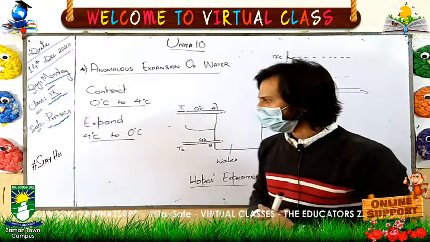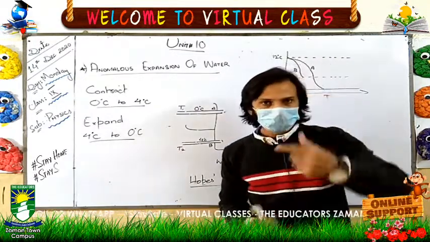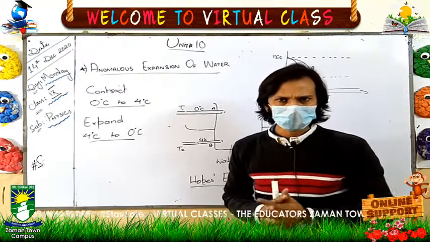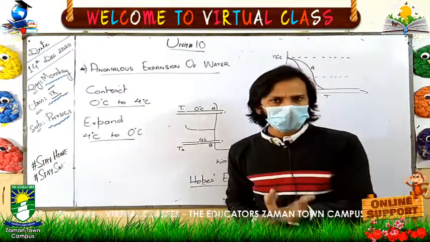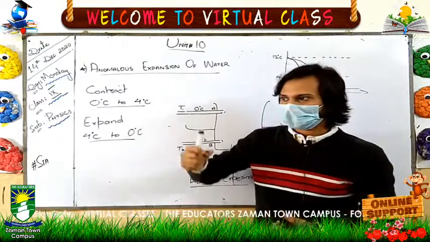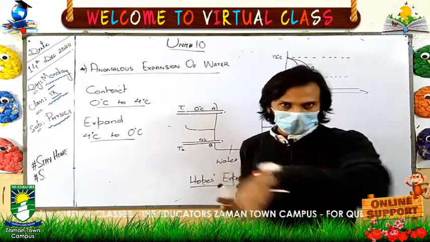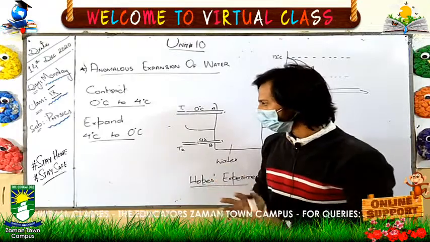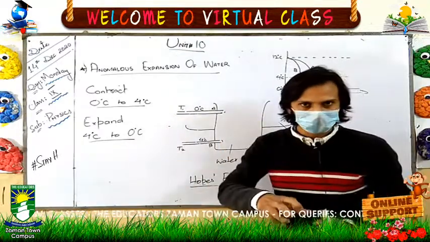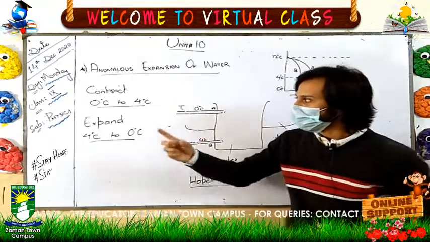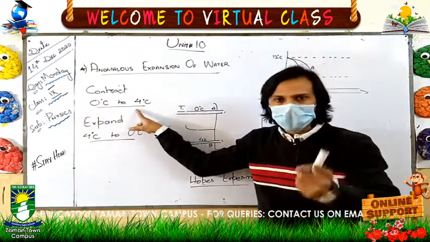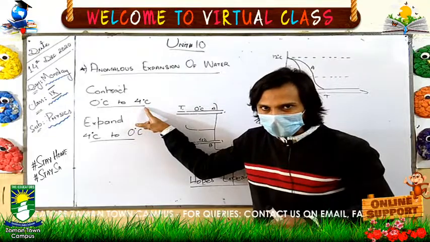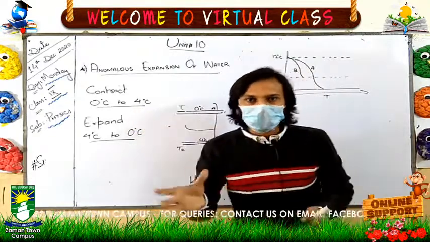Some more examples: in the northern areas, not in our climatic region, we can see water pipes which are exposed to the atmosphere, where the temperature of the surroundings is acting. If the temperature is below 4 degree centigrade, the pipe will burst.